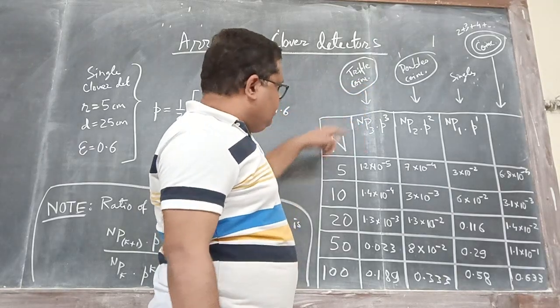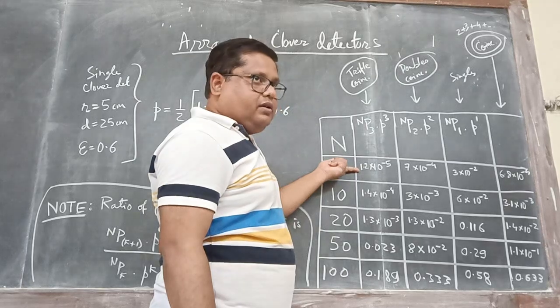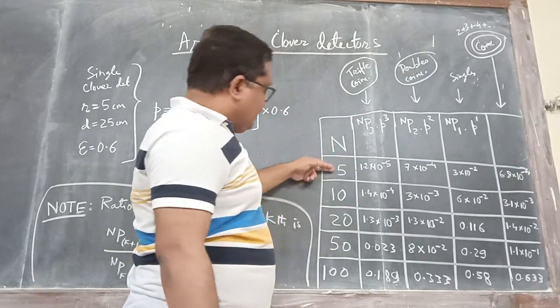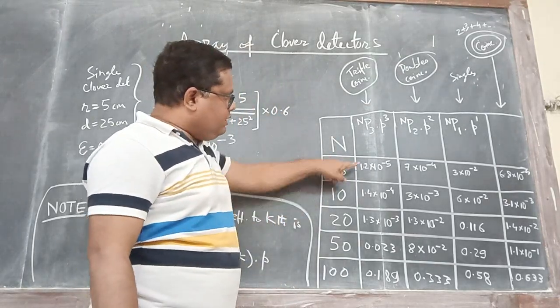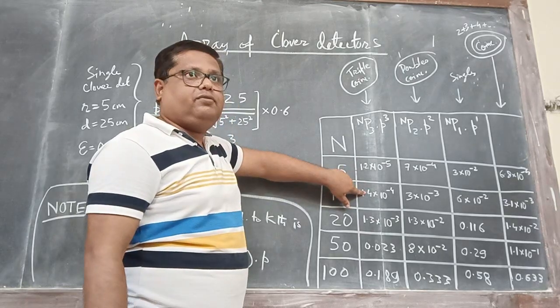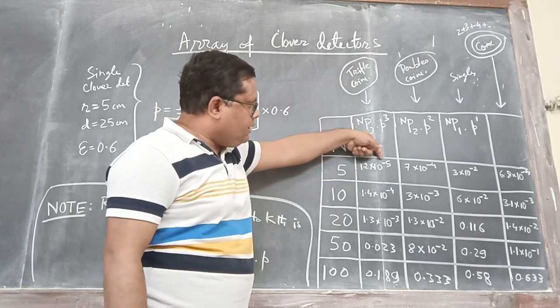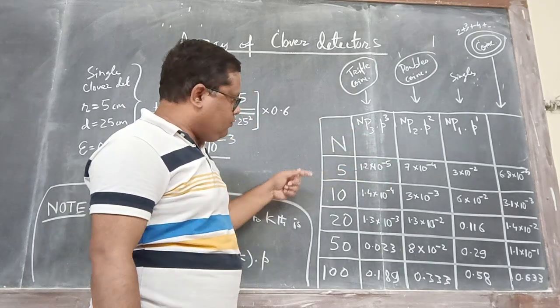See, when the number of detectors is small, the value is quite small. As we jump from 5 to 10, we jump by a factor of 10 over here. See, approximately 1 into 10 to the power minus 5 to 1 into 10 to the power minus 4.